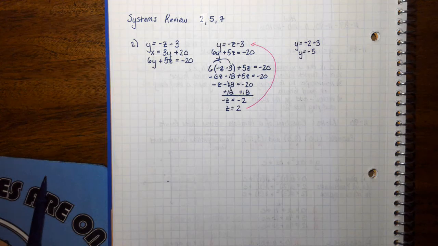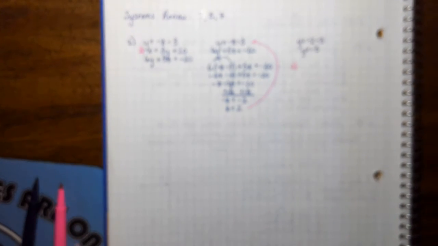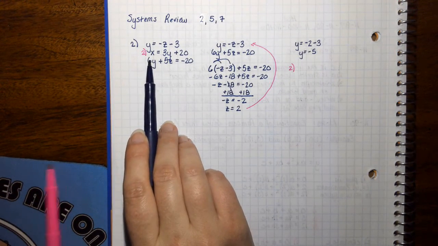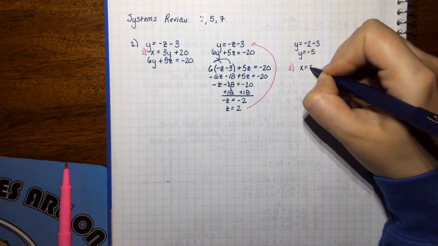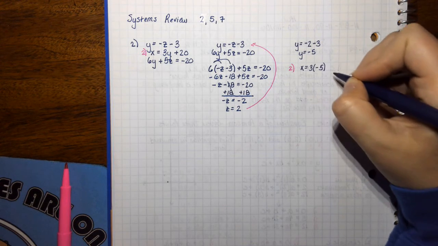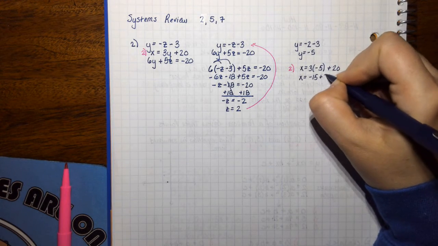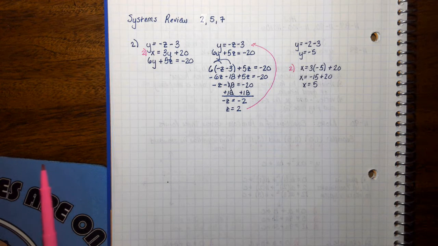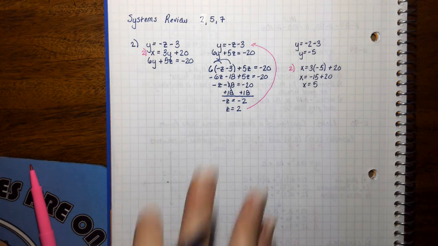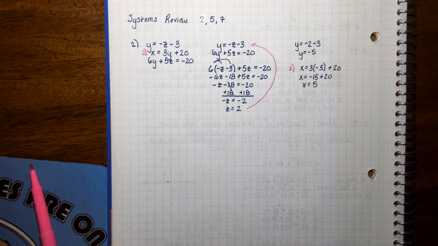Okay, I'm going to take that answer then and plug it into equation 2, because equation 2 has x, so I can plug in my y and get x. X equals 3 y's plus 20, x equals 5. So for me, I feel like that is a lot less work than making a full system of 3 equations, 3 unknowns, and doing all of that elimination.